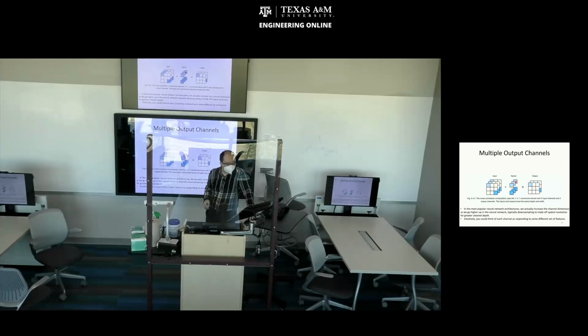All right. So in the most popular neural network architectures, we actually increase the channel dimension as we go higher up, and this will downsample to trade off the spatial resolution for greater channel depth. Okay. So this is what channel means. Any questions so far?